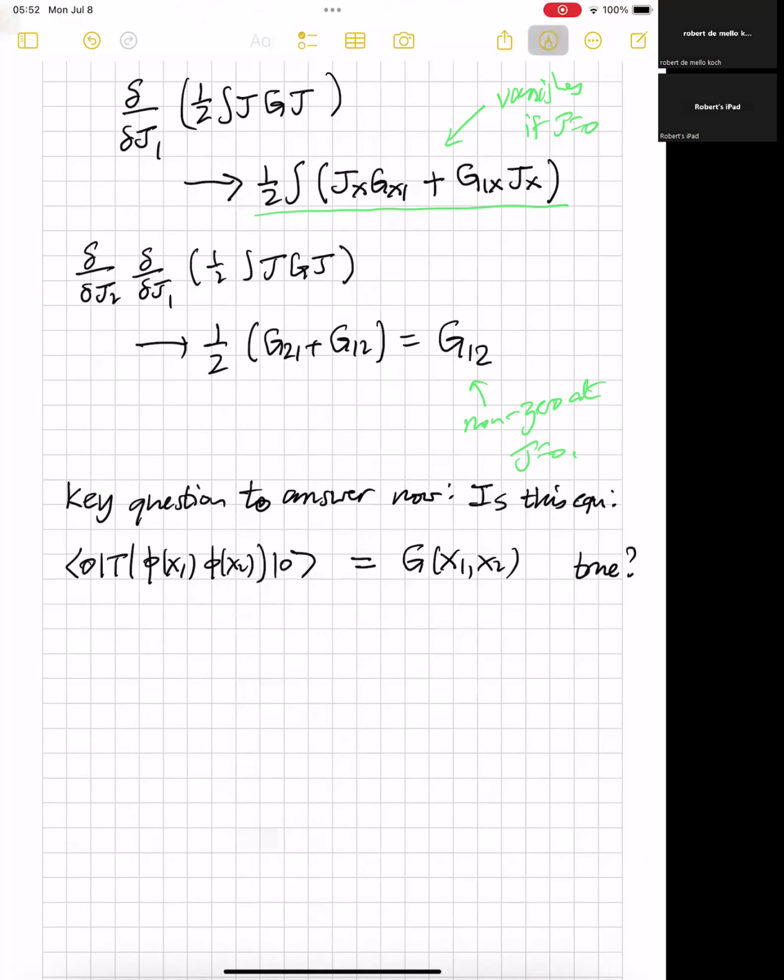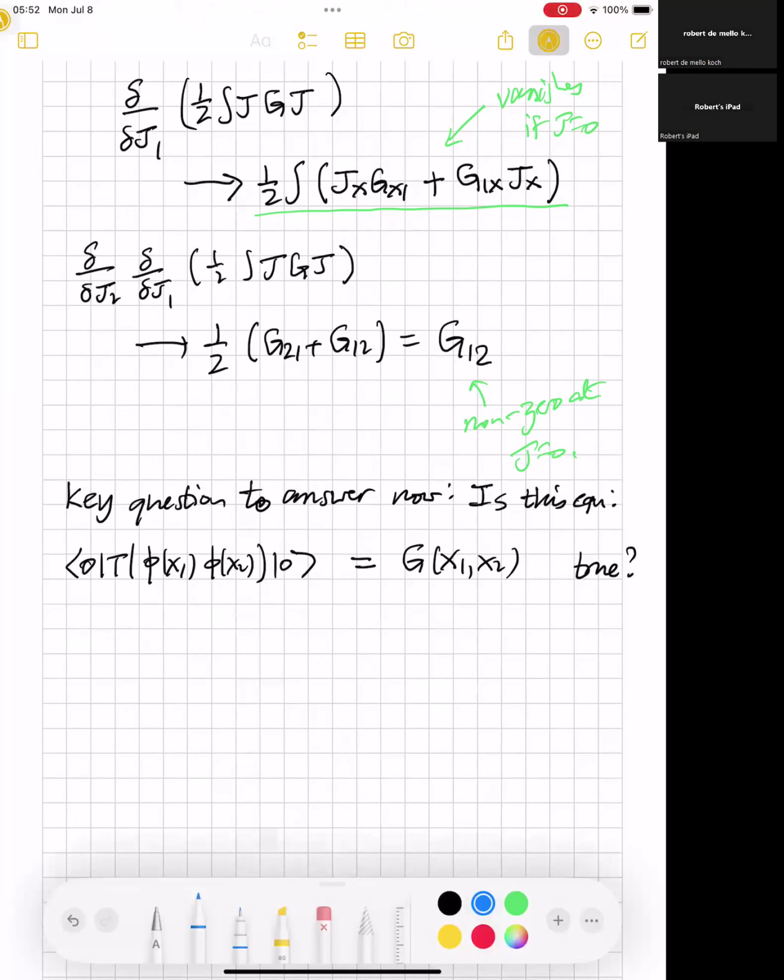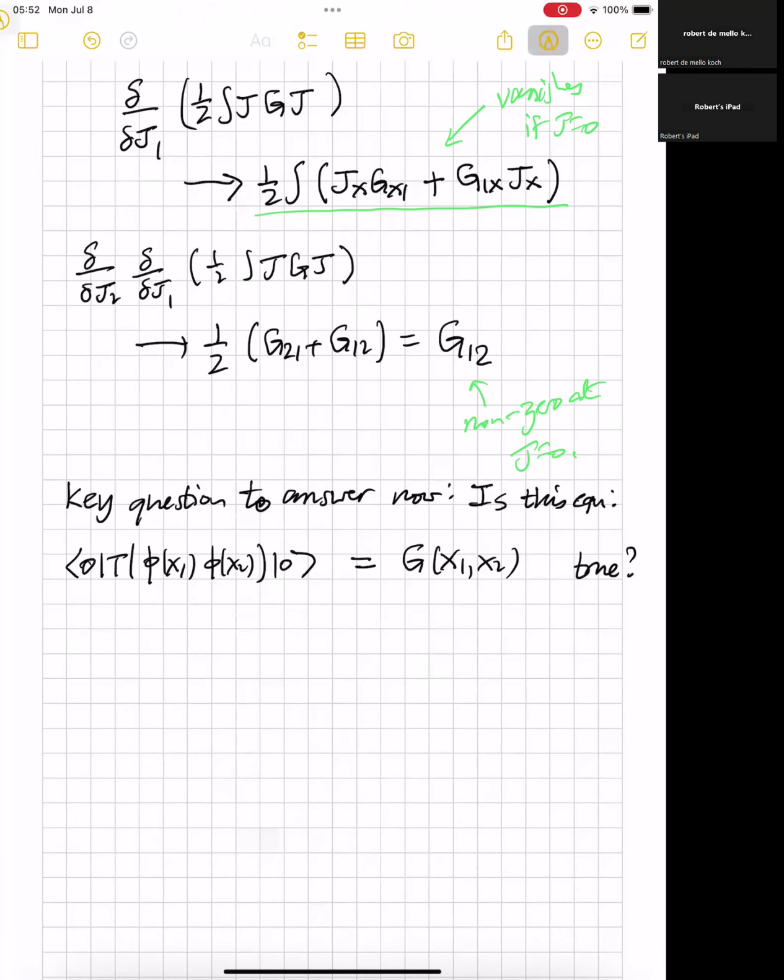And this is not obvious by any means. If you think about this side of the equation, and you think about how this object is computed, it's computed using our creation and annihilation operators, which are acting in Fock space.